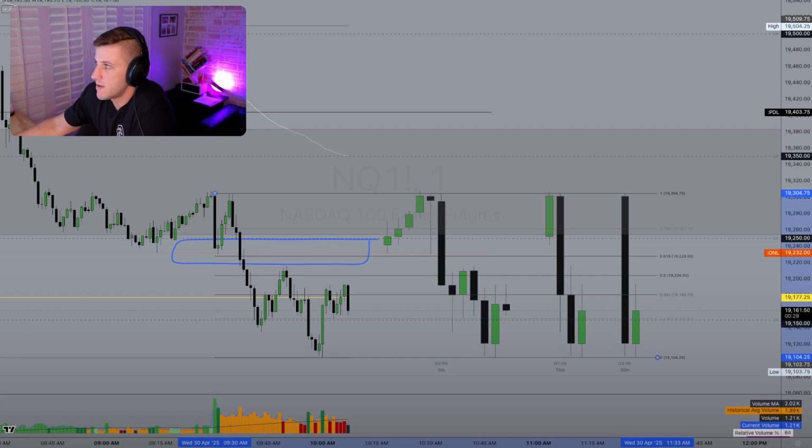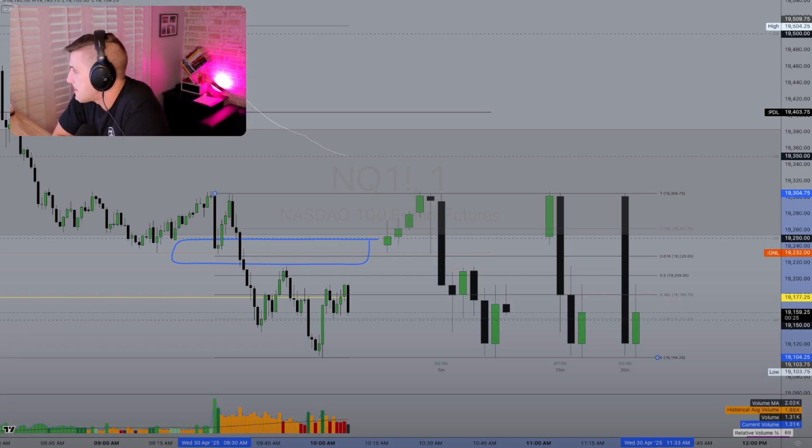Right back into 150. A little churn now, post 10 a.m. churn.